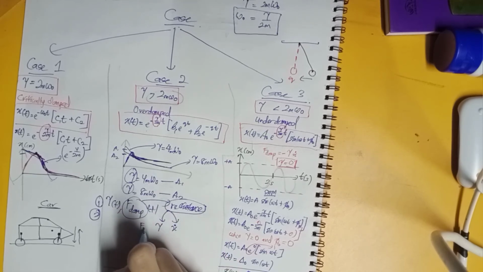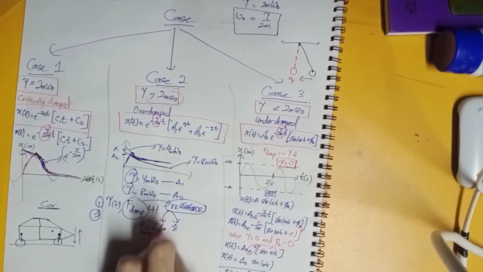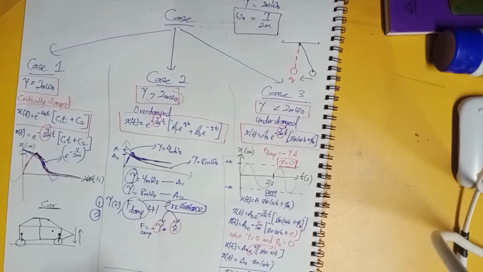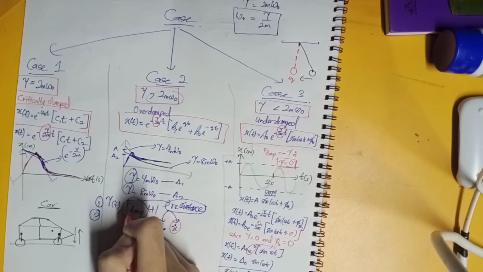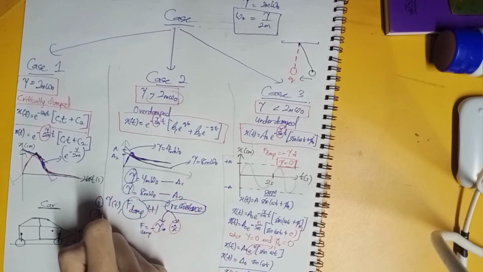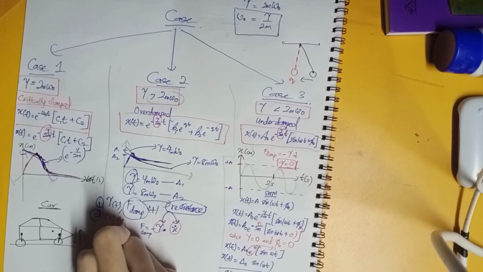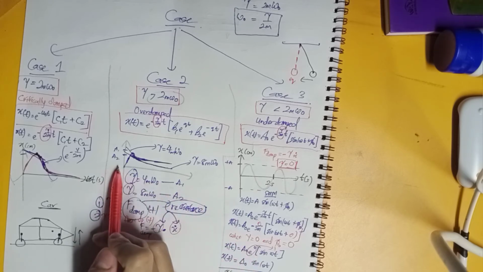Because F damp is equal to negative gamma times the velocity. So this is the reason why the resistance increases. As the damping force increases, we will produce a huge amplitude, which is when gamma increases, that means the amplitude from equilibrium increases, right? So this is what happened here.